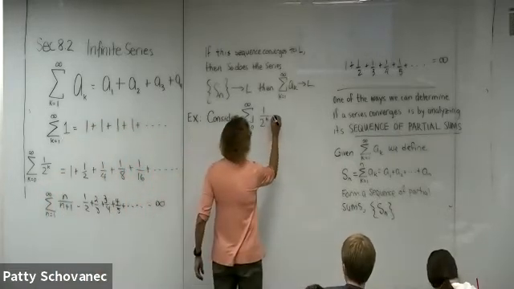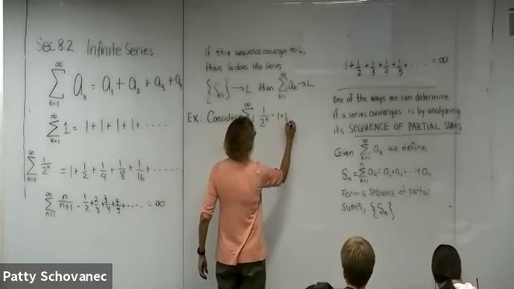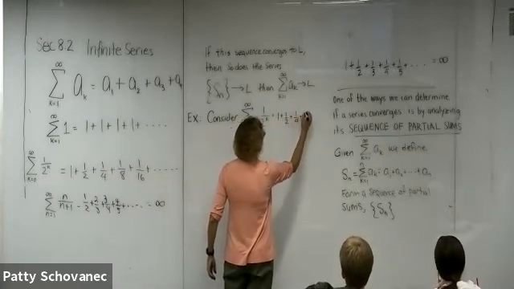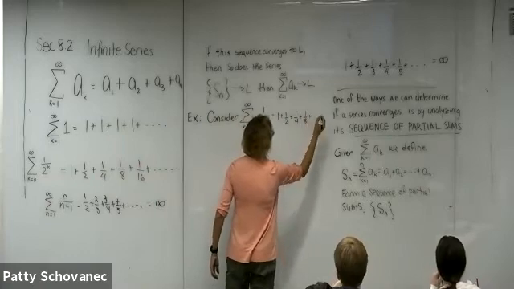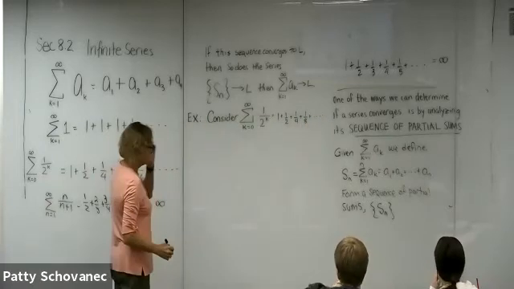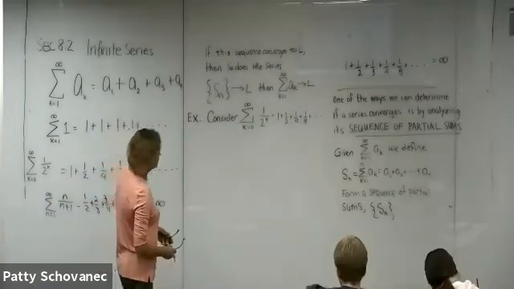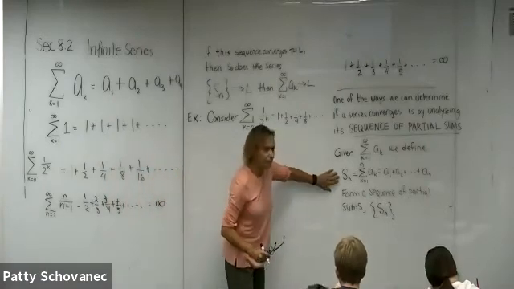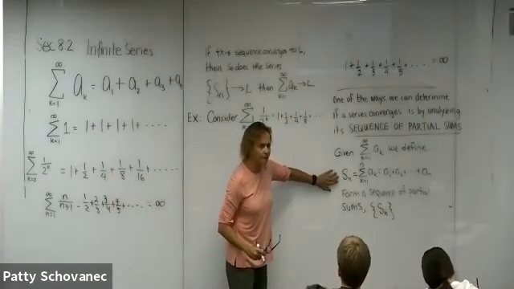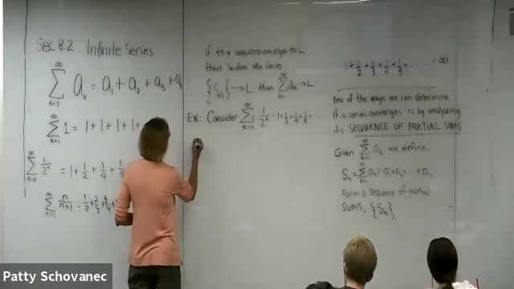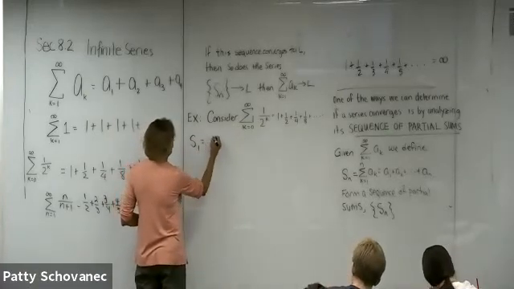So that was the 1 plus a half plus a fourth plus an eighth forever and ever and ever. So I'm going to show you what I mean by this. I'm going to write out the first 4 or 5 terms of S. So S1 is just the first term, just itself.